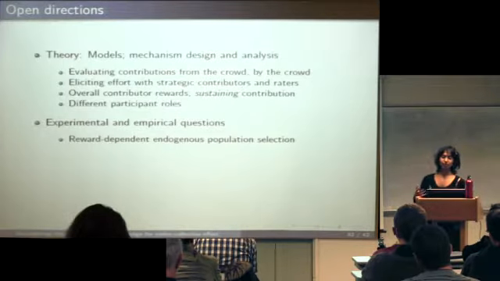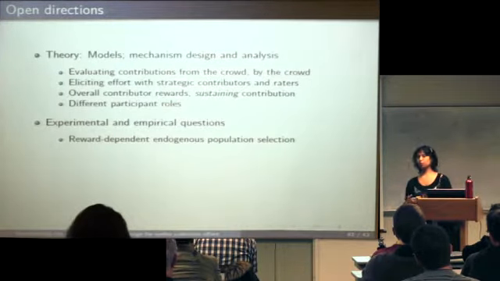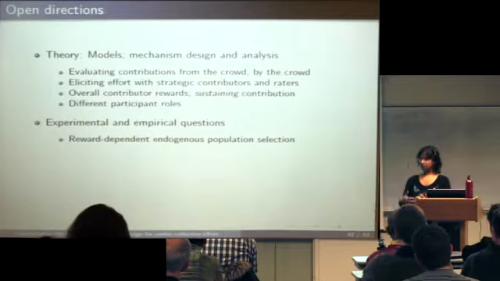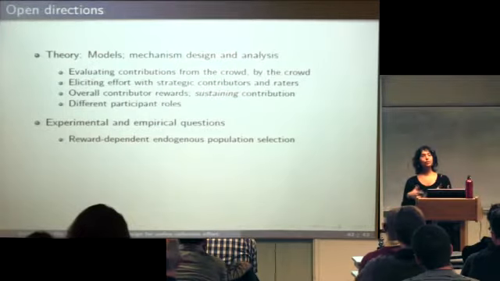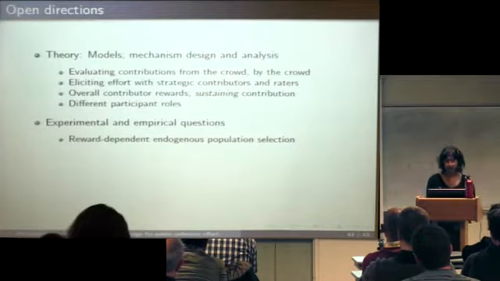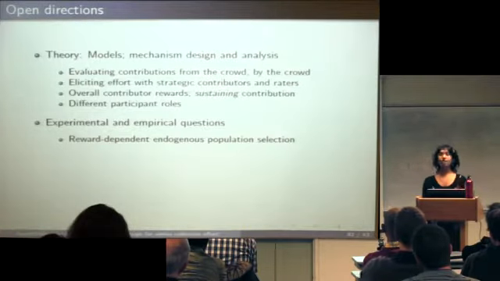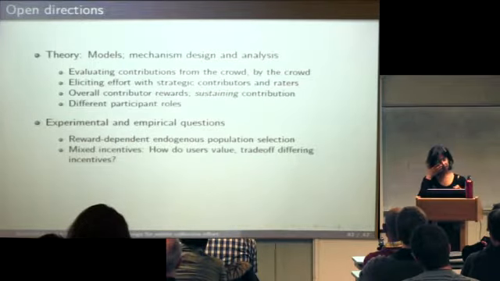And this leads to the question of reward-dependent endogenous population selection. If I as a site am offering absolute rewards, presumably I attract a population that likes meeting goals rather than competing with each other, perhaps. And when I offer only competitive rewards, perhaps I attract a different kind of population. What kind of work are these people willing to do, and how do they value the rewards? And this is not a question that any amount of theory alone can answer. You really need to find out how people behave, either empirically or experimentally.